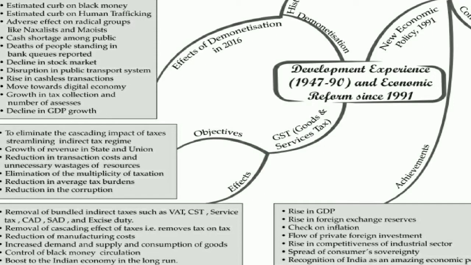The main concept and the main motto is to bring the entire nation into one roof, means bringing one tax. Removal of cascading effect of taxes created reduction in the manufacturing cost, demand and supply increased, black money we were able to control, and Indian economy we wanted to boost. So that's why GST was implemented.